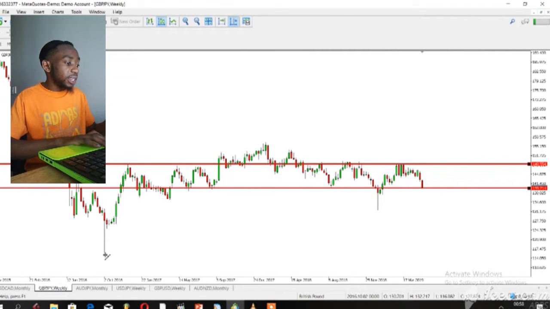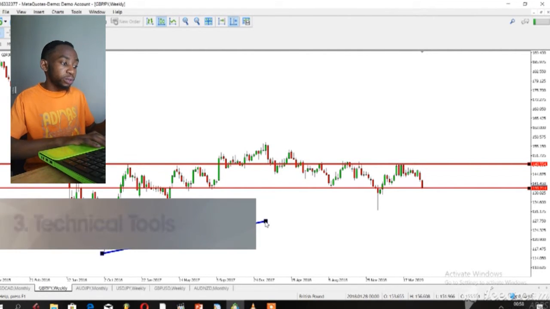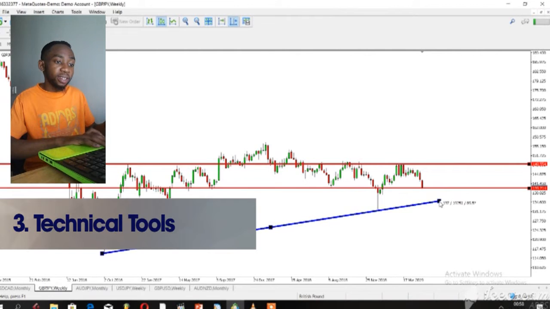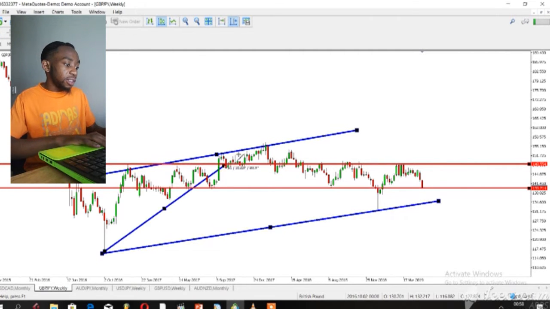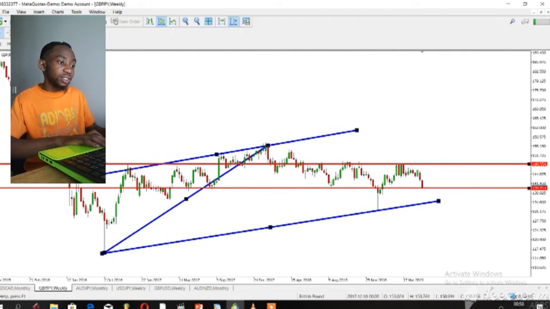Alright, now that we have our support and resistance zones, our next guideline basically is to apply technical tools. And the technical tool that I'm going to apply in this instance is the trend line. I'm applying it because as you can see, price action is respecting it. Price rose up all the way there, touched the resistance of my trend line there, came down, and it's currently working itself up here.